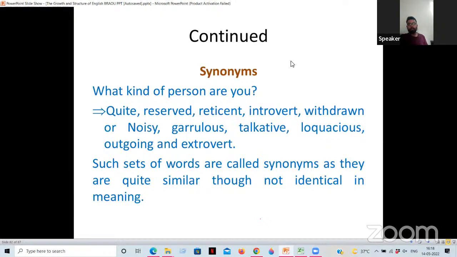So this is what is called synonyms. Now to make this kind of synonyms, suppose you are delivering a speech in front of a public who are not actually from your locality. So what you will do, you will try to speak as elaborately as you can.